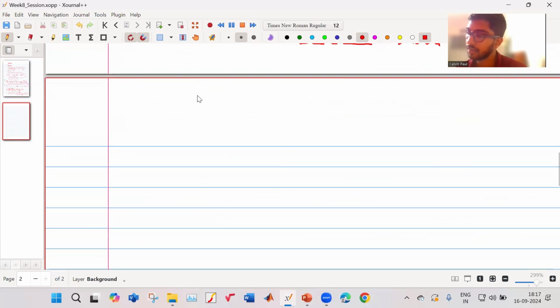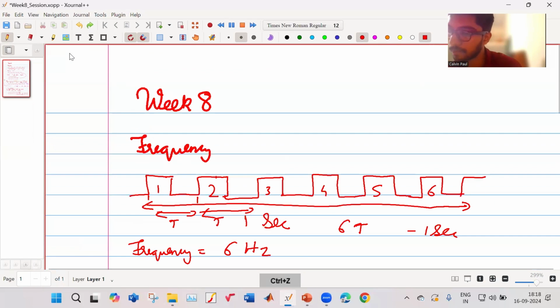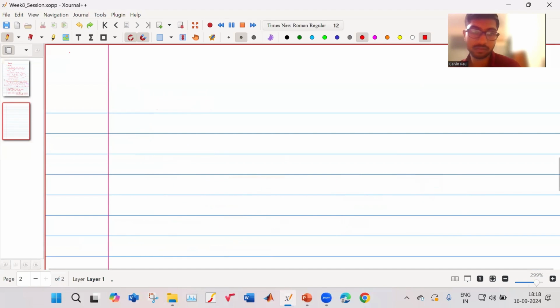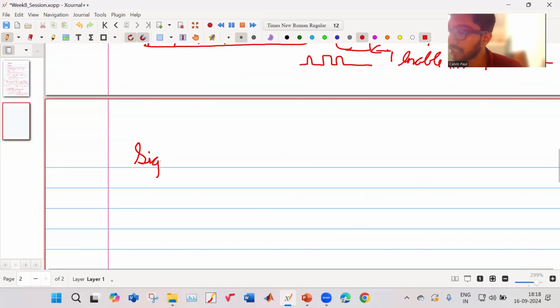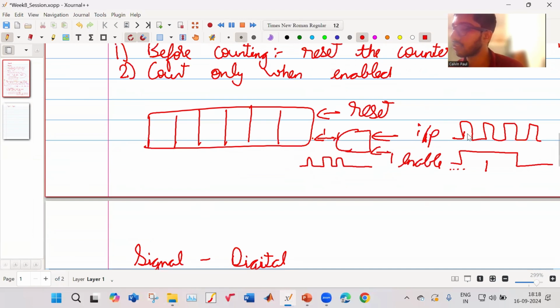Next. Till now, whatever signals we were considering were digital signals, like these clock signals.